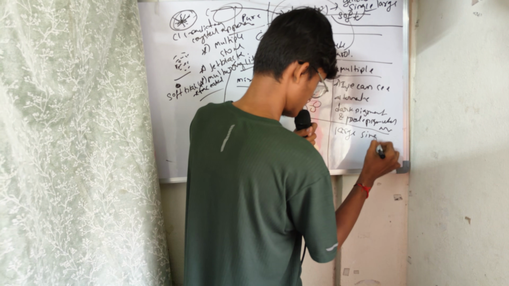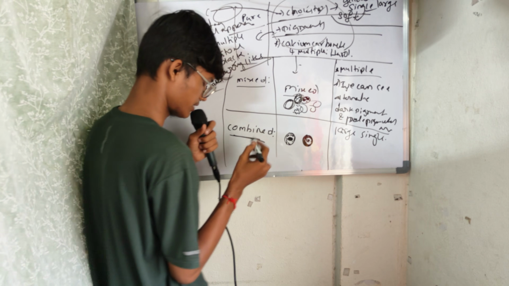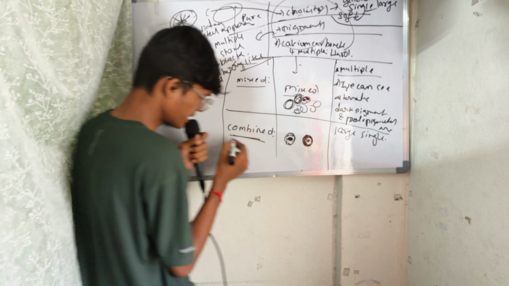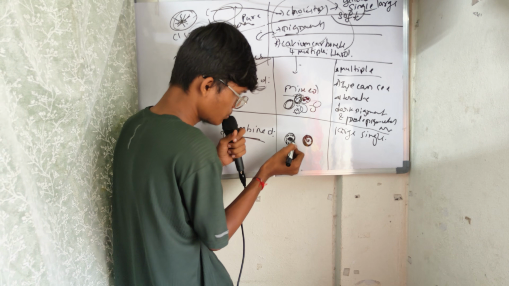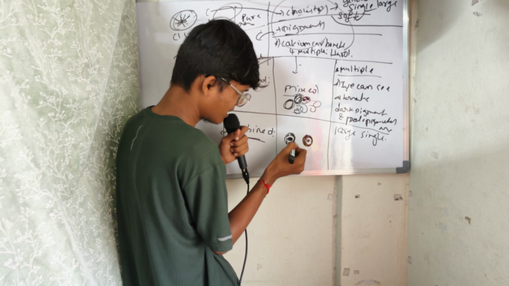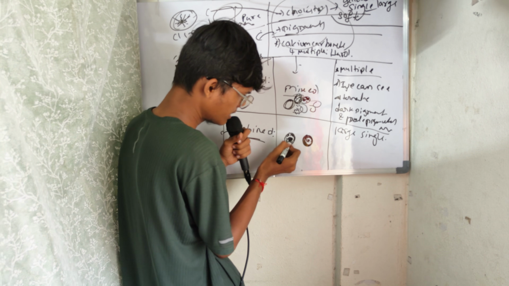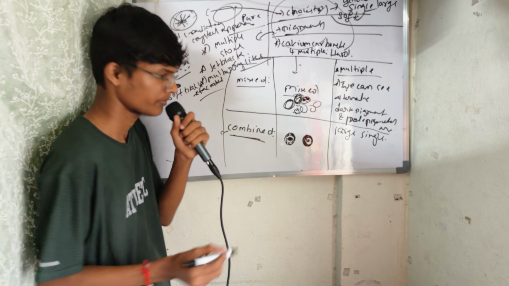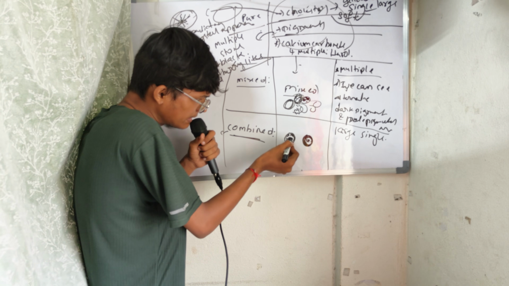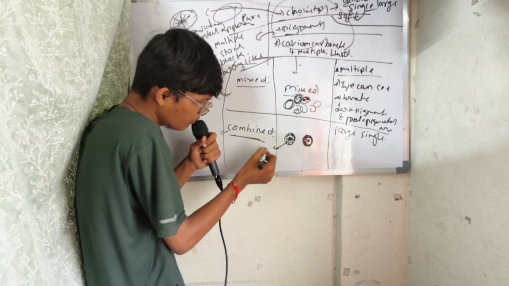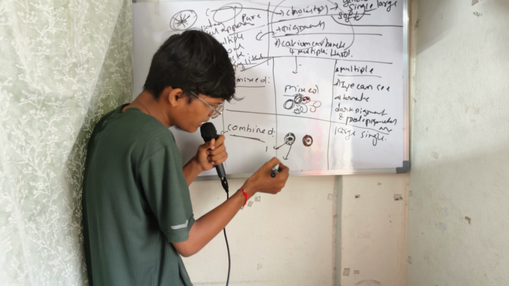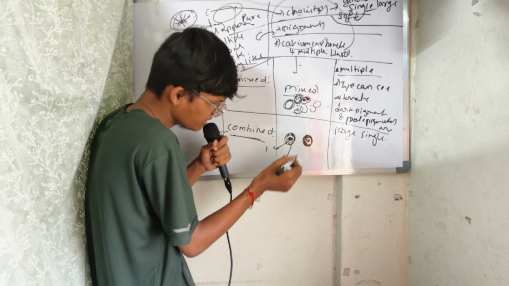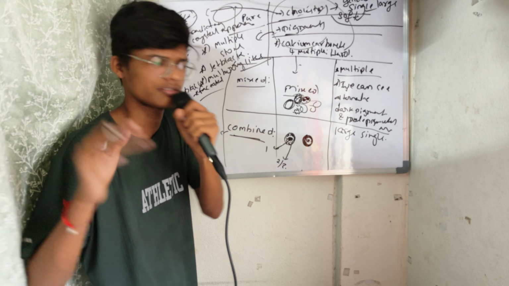Combined stones are large single solitary stones. In this there are two types. I drew something like granular outside and only a single circular part inside, right? This center is made up of only one substance, and this granular part is made up of two or three other substances.